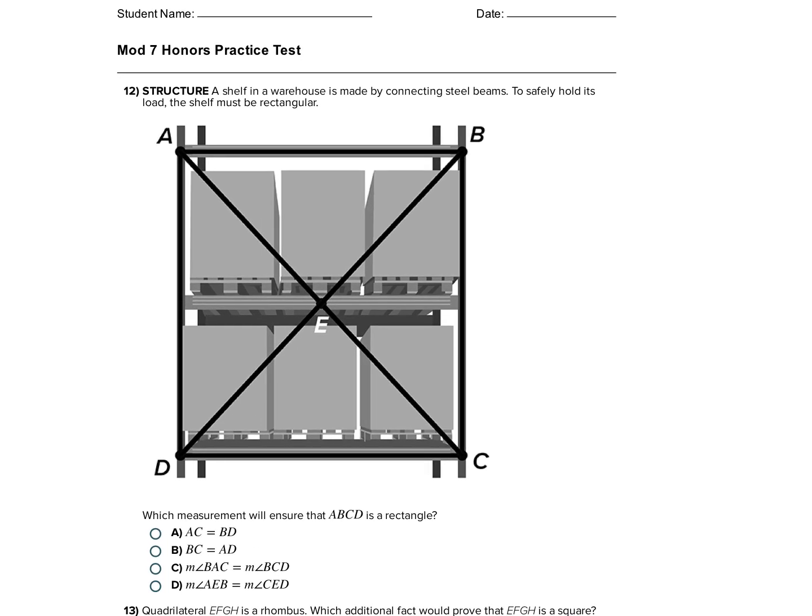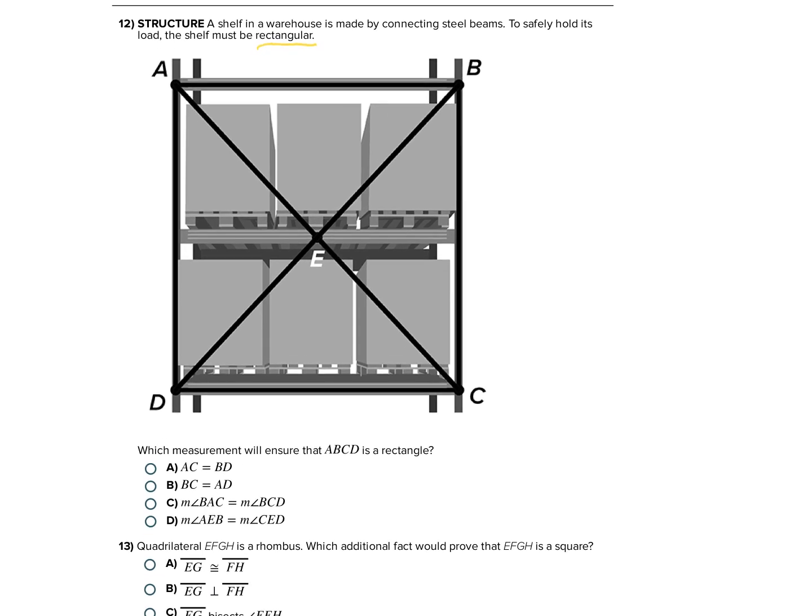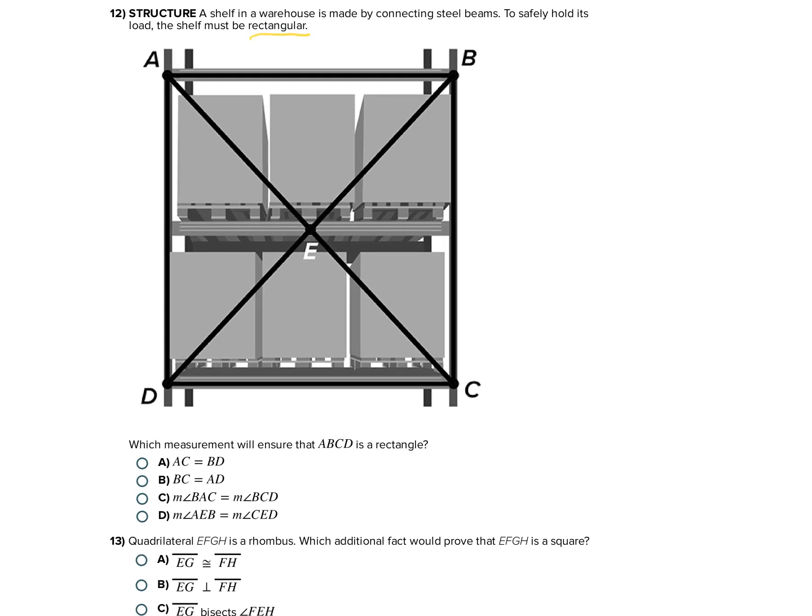A shelf in a warehouse is made of connecting steel beams. To safely hold its load, the shelf must be rectangular. Which measurement will ensure that ABCD is a rectangle?